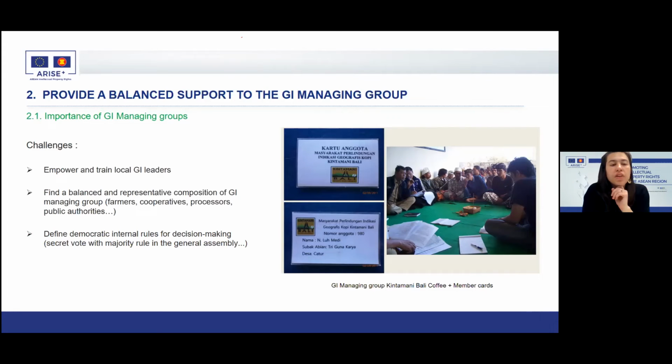Also very important to find a balanced and representative composition for this group. So we have a lot of stakeholders: farmers, cooperatives, processors, public authorities. And also important to define democratic internal rules for decision-making. So as an example, it's possible to decide that it will be a secret vote, and then a majority rule.